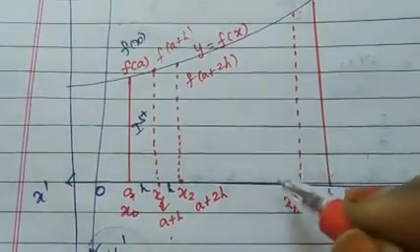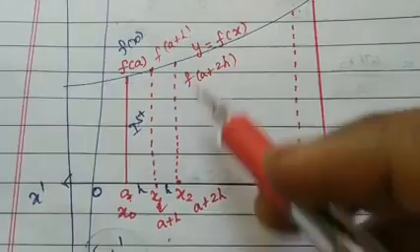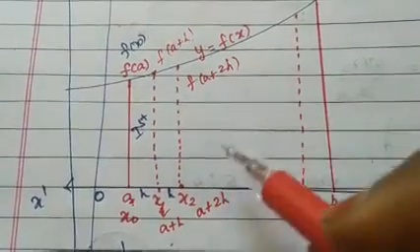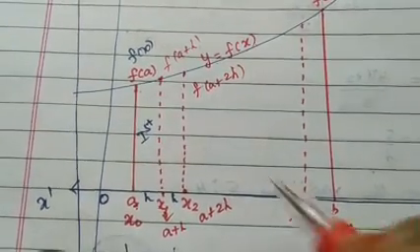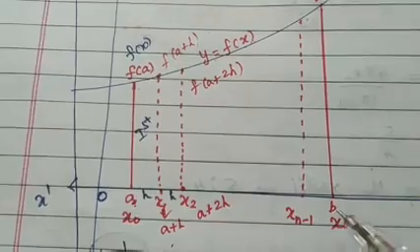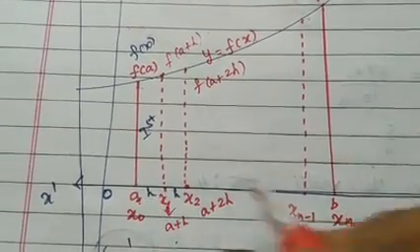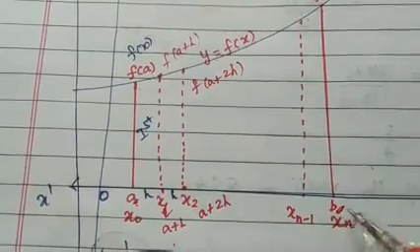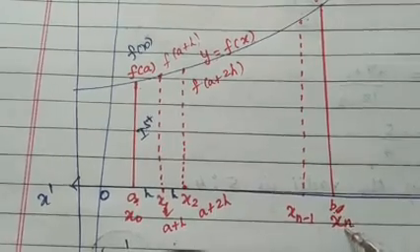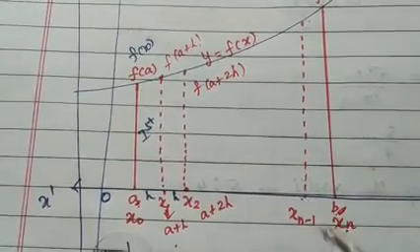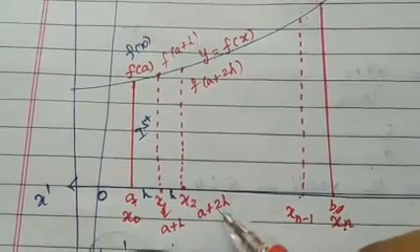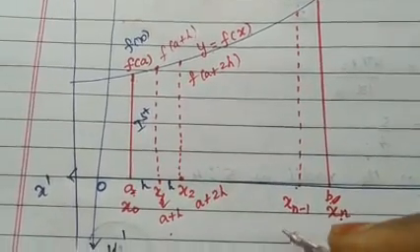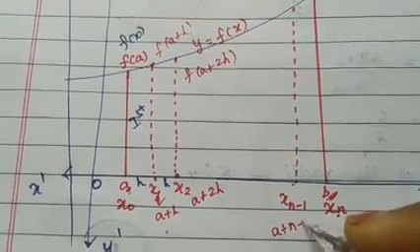Now like this we are dividing this area into smaller rectangles, and let us consider the first point is a, the lower limit, and this is the upper limit. Let us consider this point to be b, and we are considering that to be xn, and before that it is xn minus 1. Now what will be this value? x2 is a plus 2h, xn minus 1 is a plus n minus 1 into h.